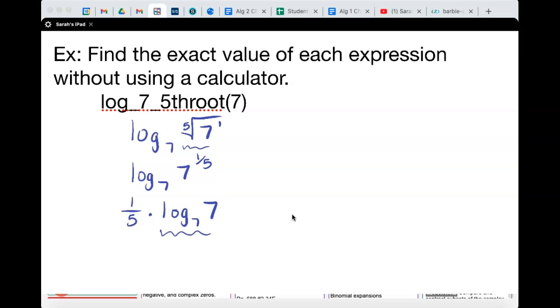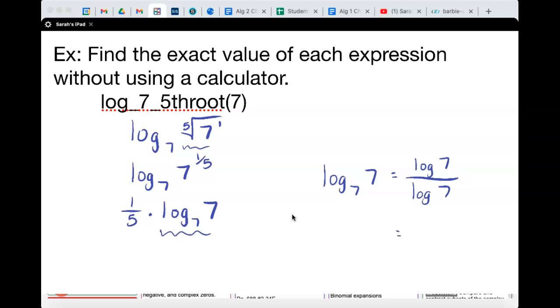Let's think about it. Using our change of base formula, if I was going that route, how would I rewrite log base 7 of 7? I can use common logarithms or natural logarithms. So I can write log of 7 divided by log of 7, which have the same thing in the numerator and denominator.